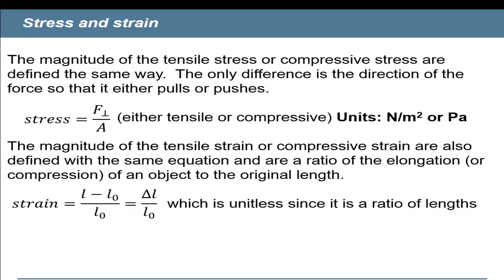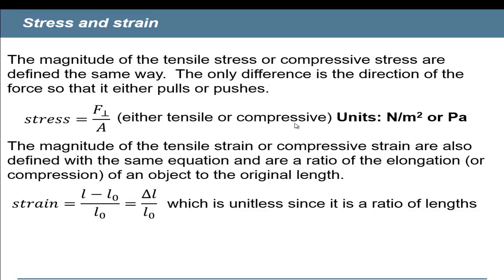So strain is defined as the change in the length divided by the original length, or we'd say delta L divided by L naught. And because this is a ratio of lengths, it's meters over meters, it's a unitless measure, so we don't need to worry about units on that.